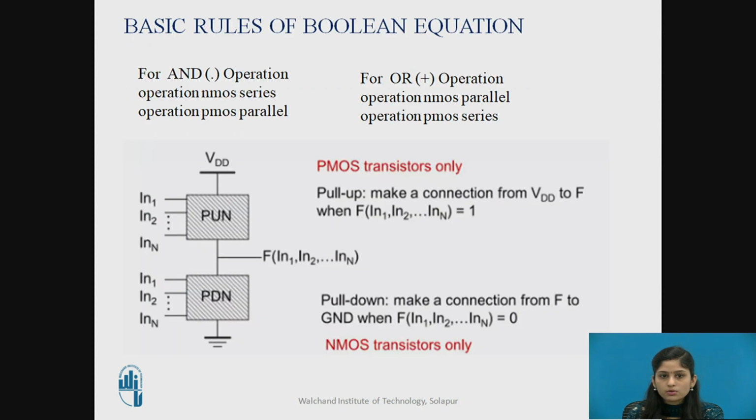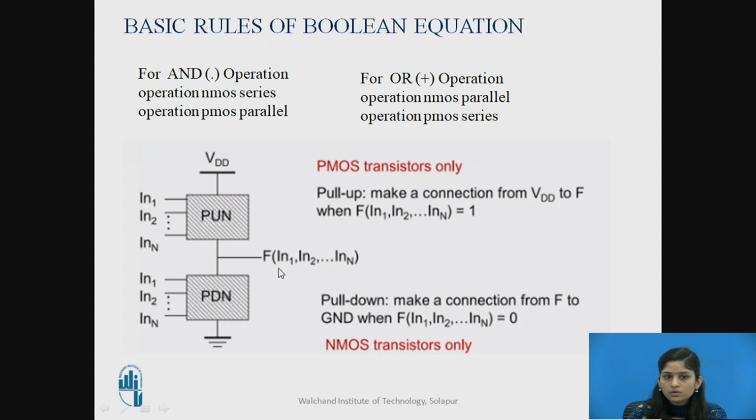These are the basic rules. First of all, for an AND operation, that means a dot operation, our NMOS should be connected in series and our PMOS should be connected in parallel. And for an OR operation, that means addition, our NMOS should be connected in parallel and our PMOS should be connected in series.